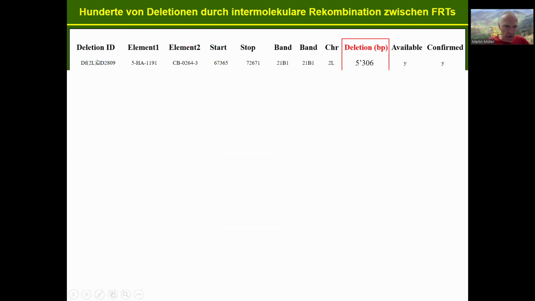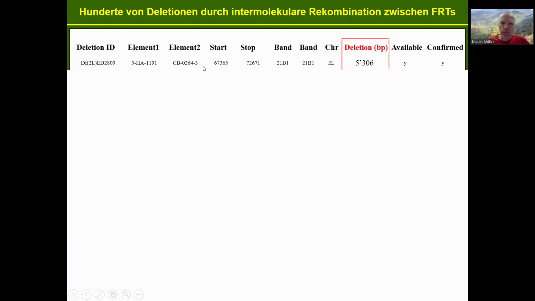For example, here we have deficiency 2L-ED 2809, created between FRT containing element 1 and FRT containing element 2. The first one maps here at position 76,365.